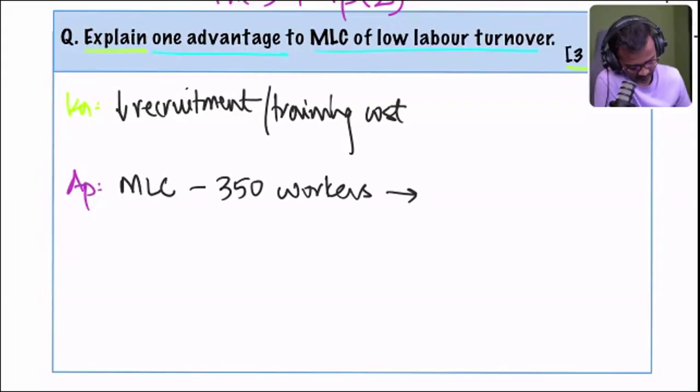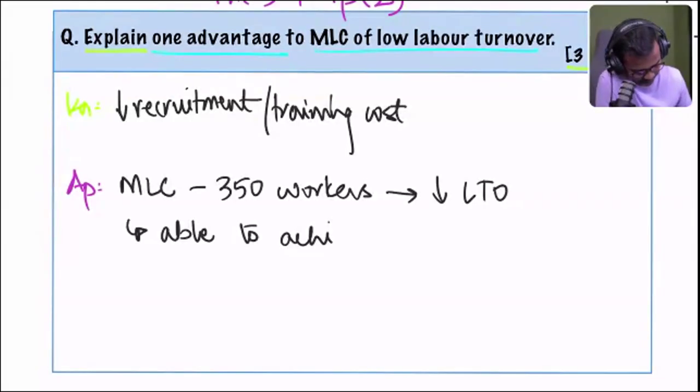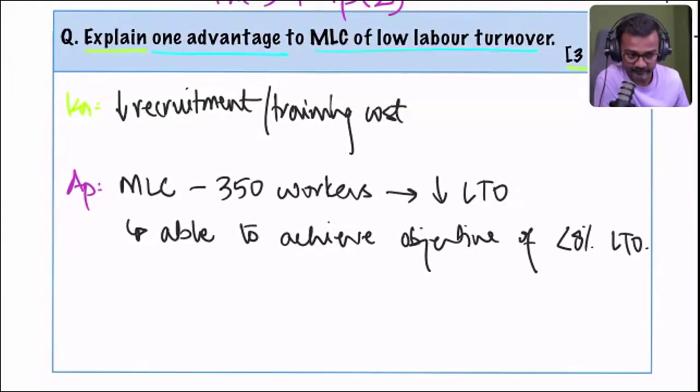And if they're able to reduce their labor turnover, they might be able to achieve their objective of less than 8% labor turnover. Okay, so just a couple of layers, also making the business the center point of your answer, the situation, the number of workers and such things. So if you can do that, that's when you have the right answer in your exams. So this is one way I could do this.